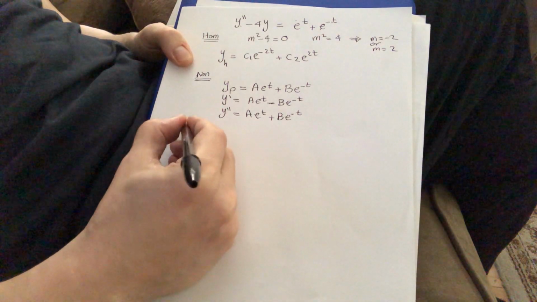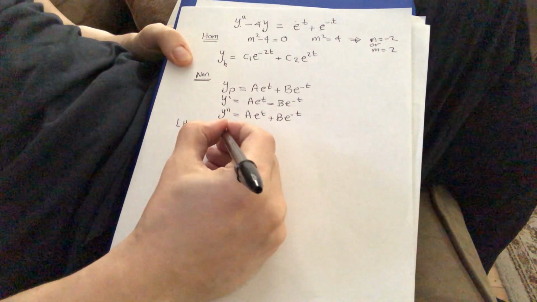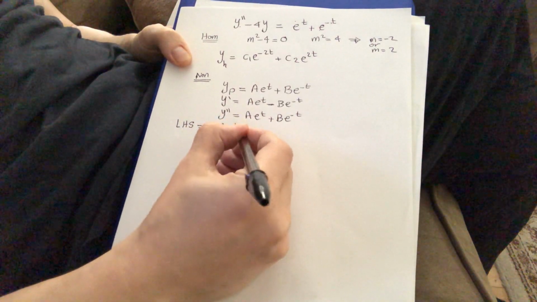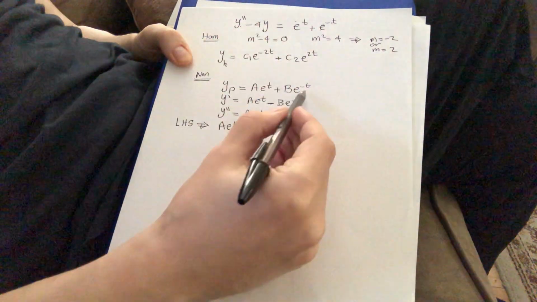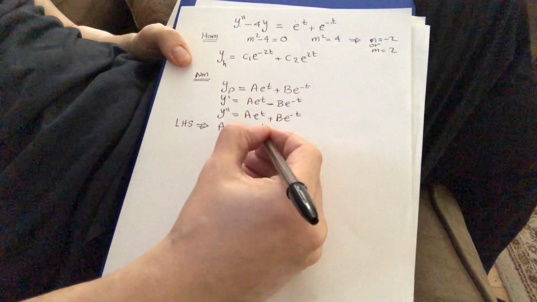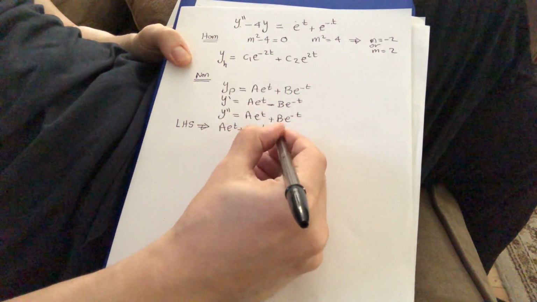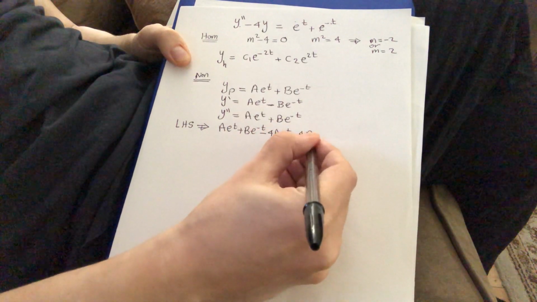Now we take the left hand side and plug them in. You need the second derivative minus 4 times y. That would be minus 4a and minus 4b.